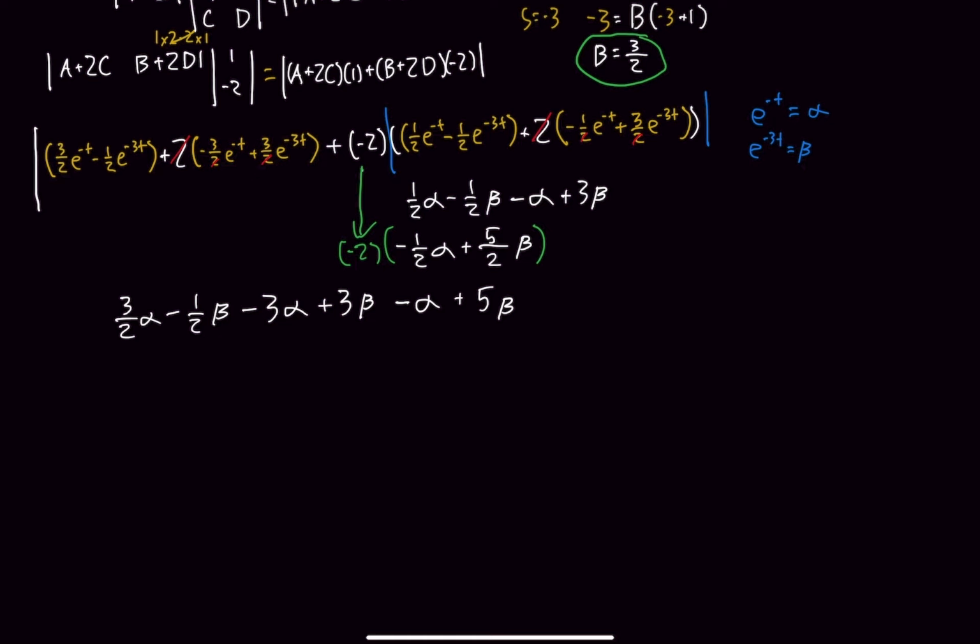So I've got 3 over 2 minus 3 minus 1 alpha, plus negative 1/2 plus 3 plus 5 beta.